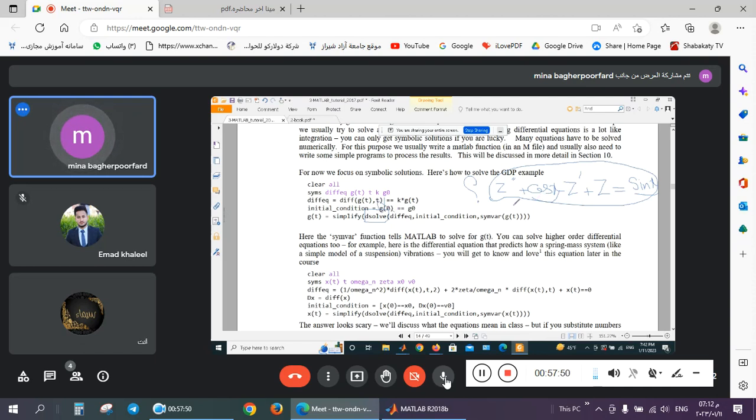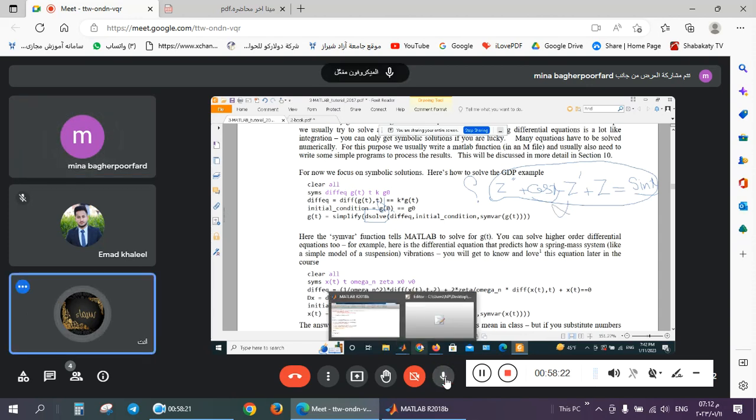For example, you can use Euler method, Runge-Kutta method, Heun method. Where we don't have exact solution for equation, we should use numerical method. For example, Euler, Heun, Adams-Bashforth, Adams-Moulton. Okay? Did you understand?